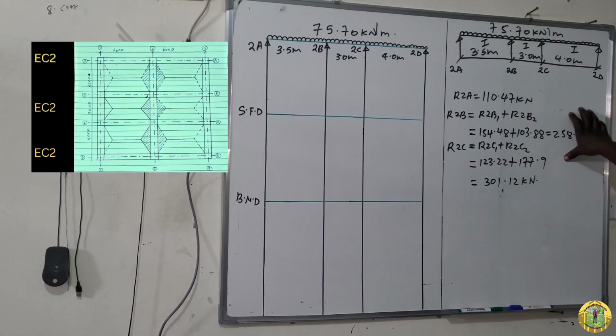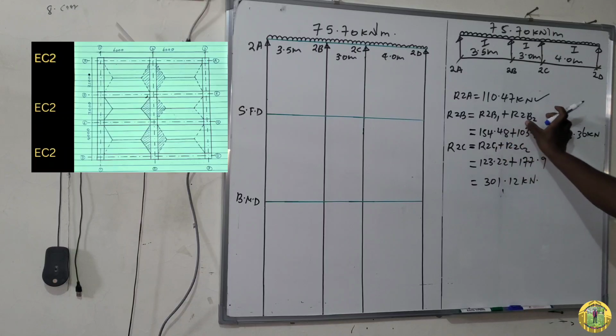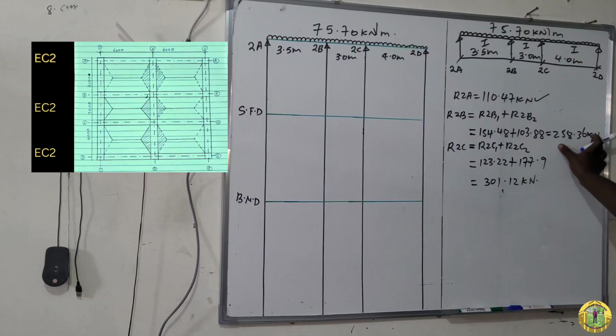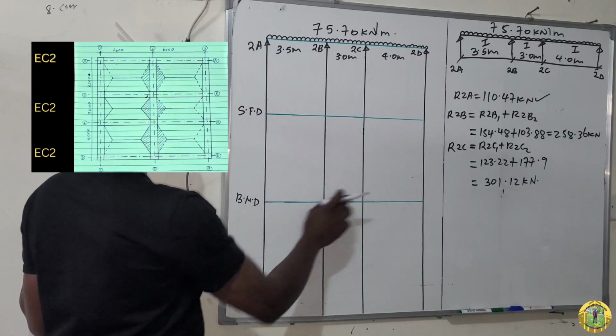This is how you draw a shear force diagram. We have already calculated reaction 2A, and reaction 2B is the summation of R2B1 plus R2B2, so you'll get 258.36 kilonewton. And R2C is equal to R2C1 plus R2C2, so you'll get 301.12 kilonewton.